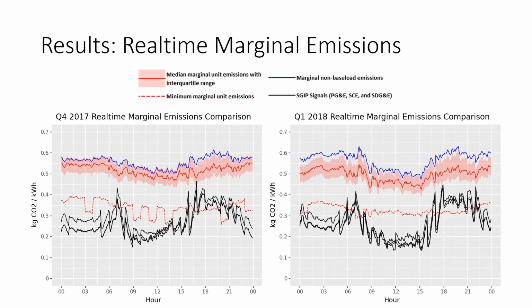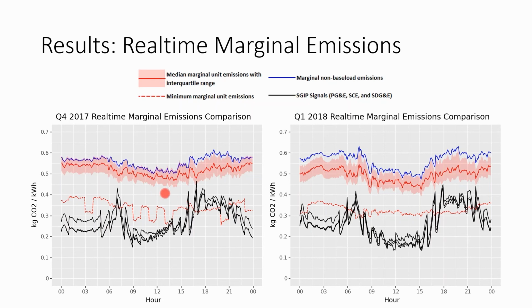And finally, we can see in some places where the SGIP signal spikes up and the CAISO data is suggesting that the emissions are going down during that period. We can see that during different periods here, not all the time, but there's definitely some negative correlations here.